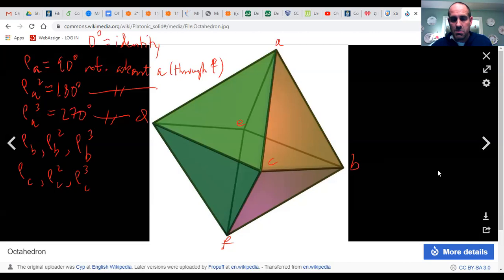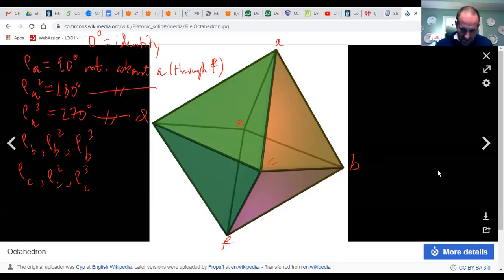How about opposite edges, like an axis through opposite edges? For instance, like AB and DF. Once I specify a particular edge, you know what's happening. So if I have an axis through the midpoint of AB and through to the opposite edge, in this case, which happens to be DF, it's going to be a rotation, and that's automatically going to be a 180-degree rotation.